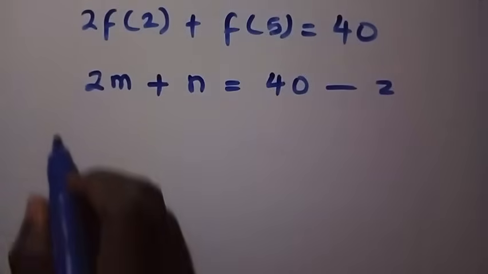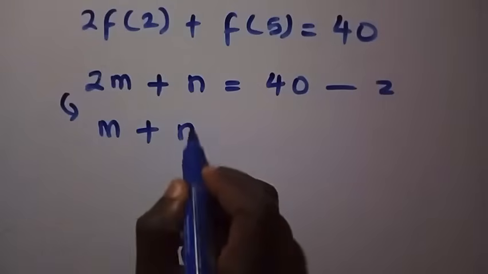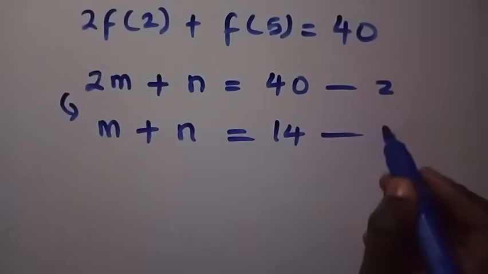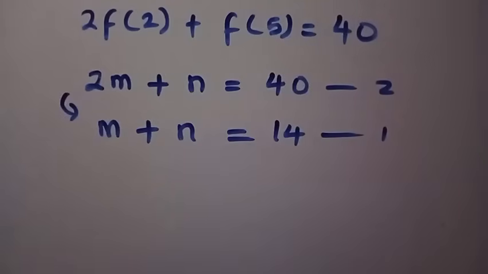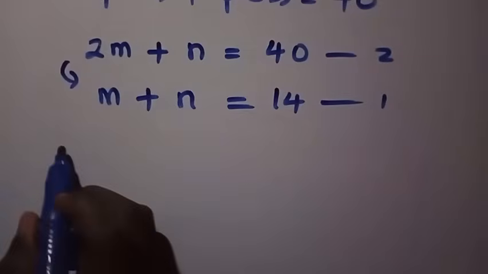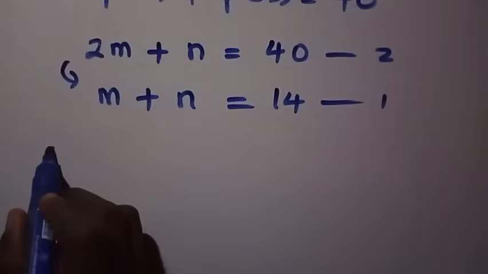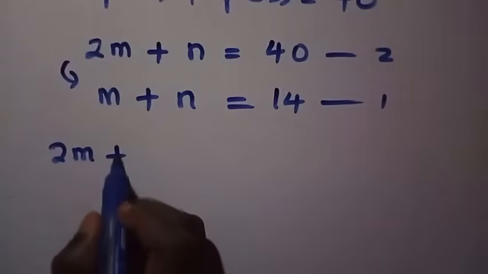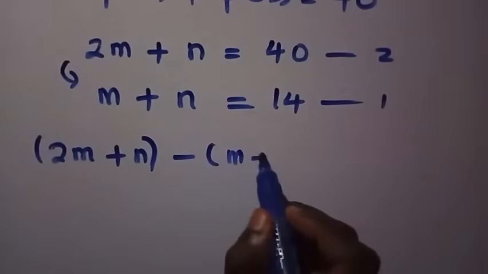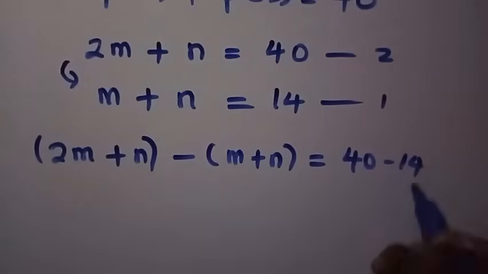By bringing these two equations together, equation 1 is m plus n equals 14. This is our equation 1. Let's subtract these two from each other. By subtracting 1 from 2, we have 2m plus n, minus m plus n, equals 40 minus 14.